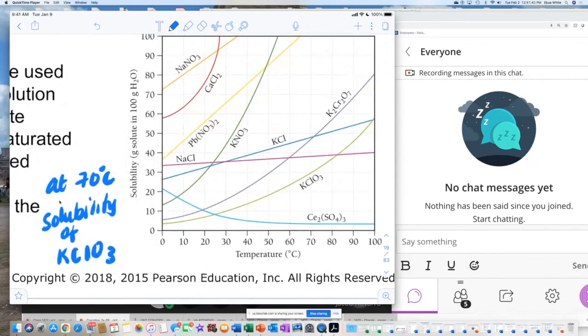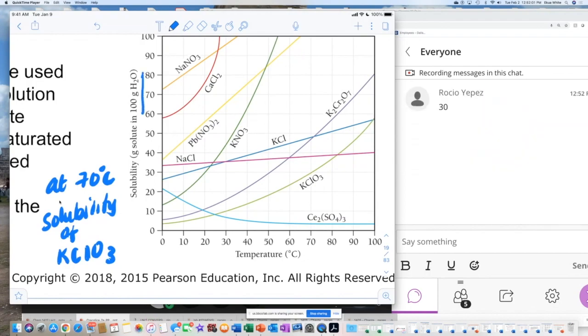Remember, this graph is showing you the solubility of different salts at different temperatures. So just based on this graph, what is the solubility? How many grams of KClO3 can be dissolved in 100 grams of water? So what is the solubility of KClO3 in water?